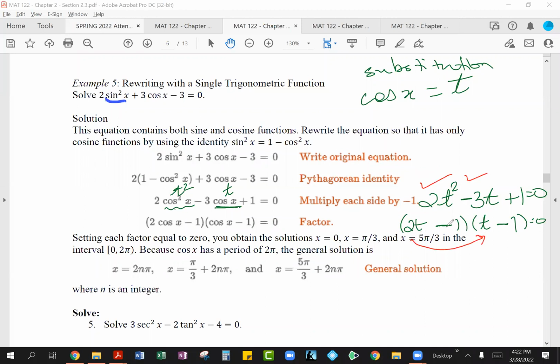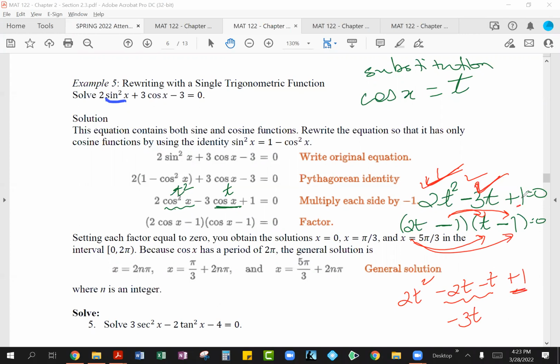So 2t times t will give us 2t squared, which is this first term here. 2t times minus 1 will be negative 2t. Negative 1 times t will be negative t. And then negative 1 times negative 1 will be positive 1. And then when we combine the two middle terms, you get negative 3t, which is this term over here. And then, of course, you end up getting plus 1.